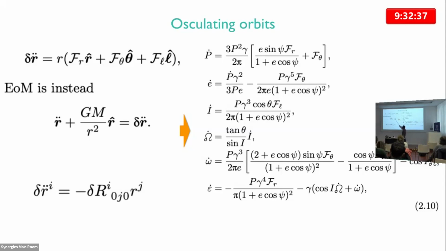So you take this acceleration and decompose it into the radial direction of the orbital motion, the angular direction, and the perpendicular one, the angular momentum direction. From these three components, F_R, F_theta, and so on, you can find how the orbital parameters change as a function of time.